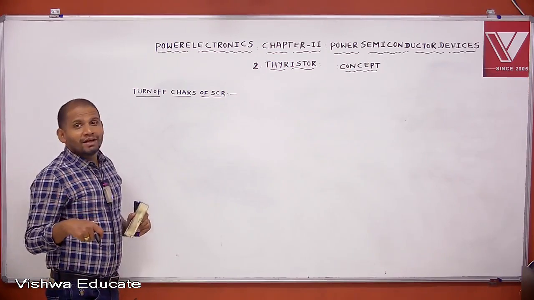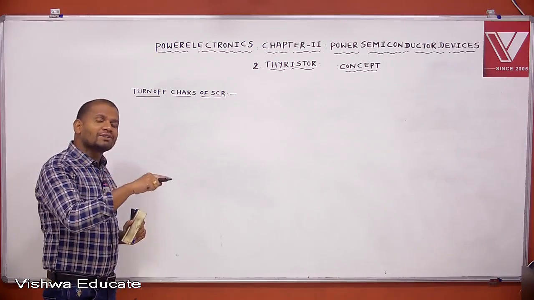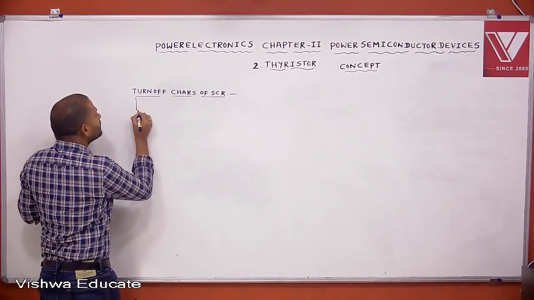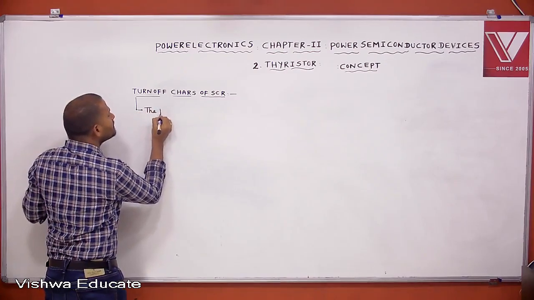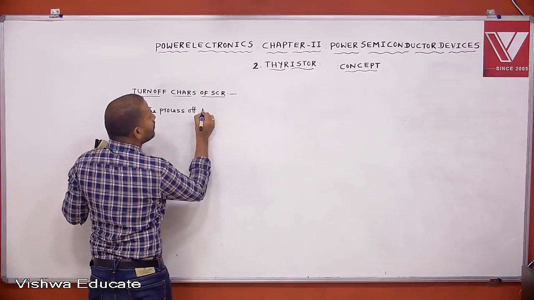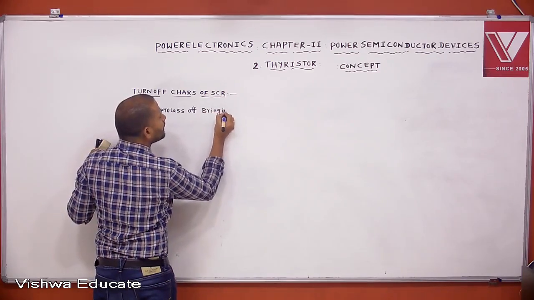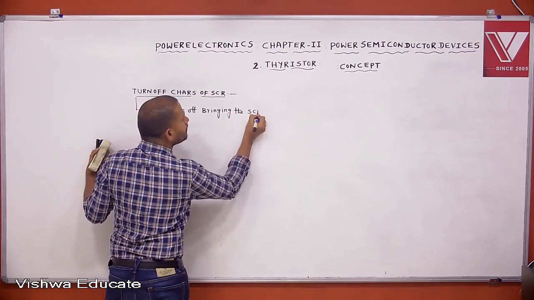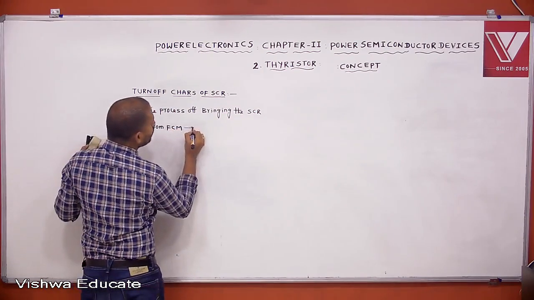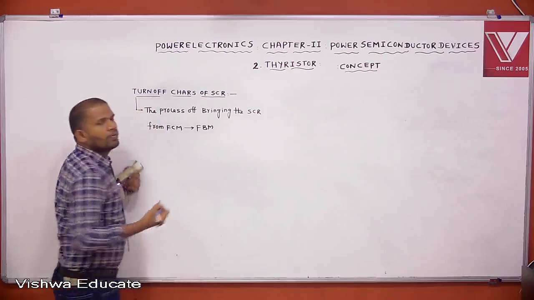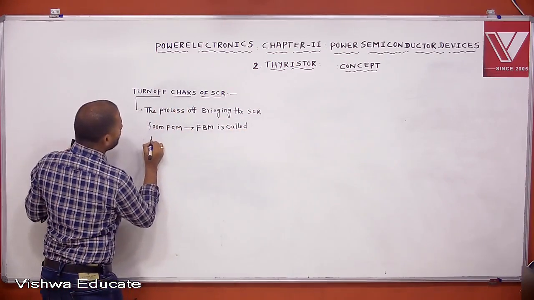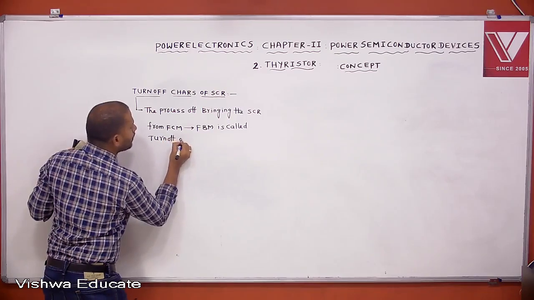The process of bringing the SCR from the forward conduction mode to forward blocking mode, FBM, is called turn off of SCR.